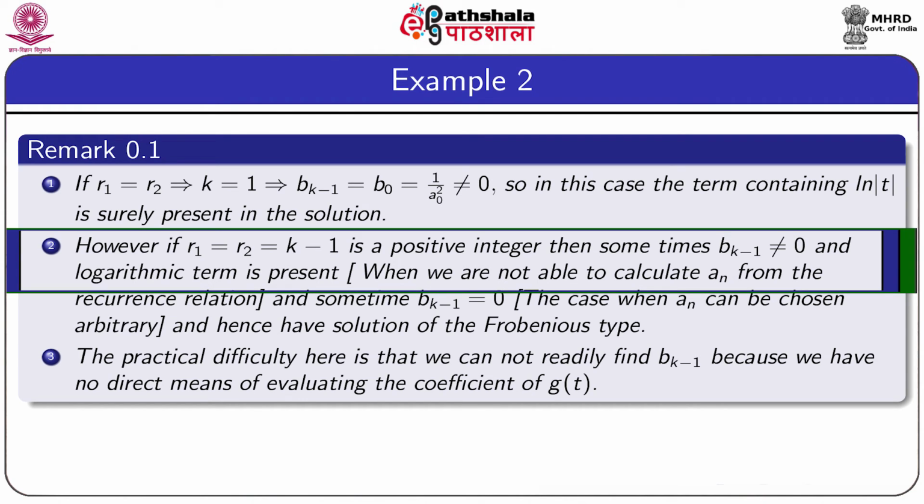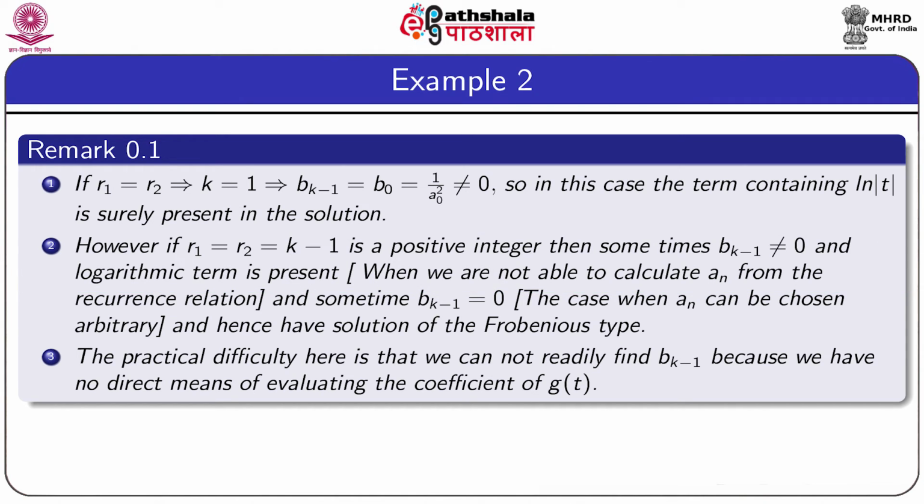However, if r1 minus r2 is equal to k minus 1, a positive integer, then sometimes b_{k-1} is not equal to 0 and the logarithmic term is present, and sometimes b_{k-1} is equal to 0, and hence we have a solution of the Frobenius type. The practical difficulty here is that we cannot readily find b_{k-1} because we have no direct means of evaluating the coefficient.